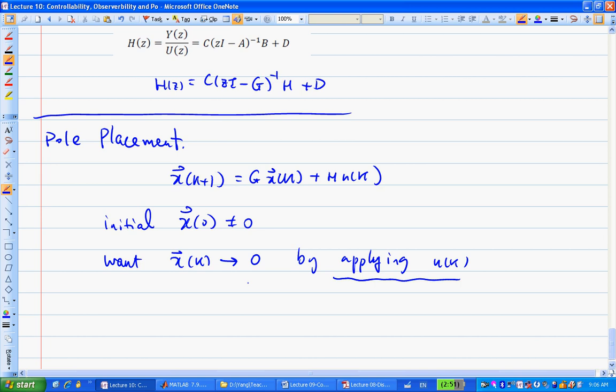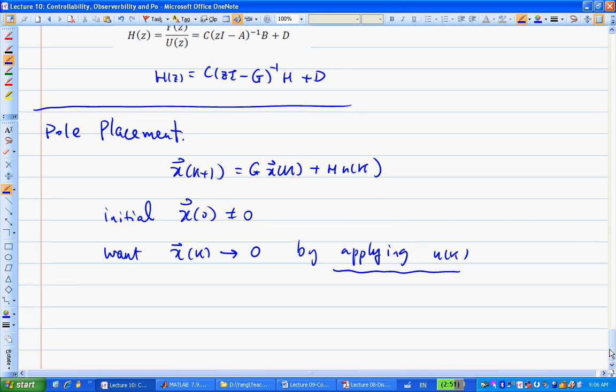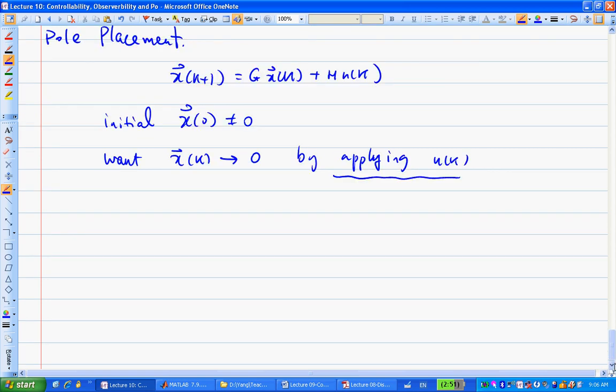So this is basically the idea of feedback control now. If I draw this, here's a system. Let's draw the model of the system first. What's the model of the system? I have an H block, I have a G block here, I have x of k and x of k plus 1.